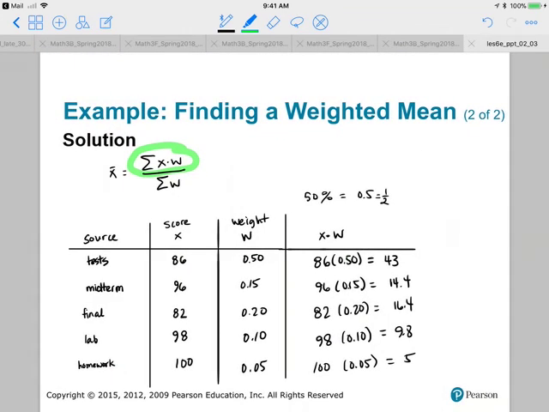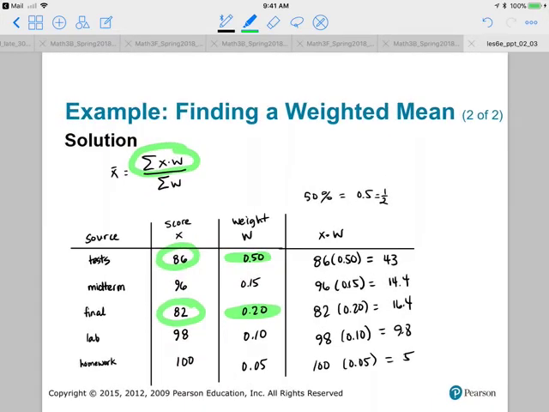So notice that it's really important, the weights, because the person had 70% of their grade come from scores that were less than an A, right? And then 30% of their grade came from scores that were higher than 90%. So that 30% wasn't strong enough to pull those other scores up to an A.